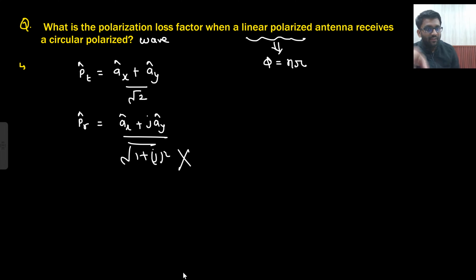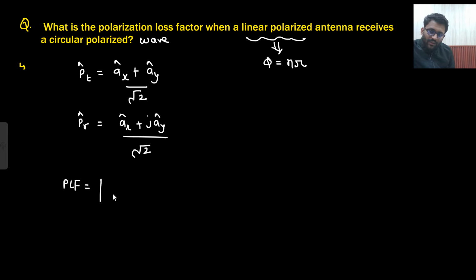So what will be the magnitude here? Under root 1 square plus 1 square, so the magnitude will be under root 2 only. This we have already seen in the time average pointing vector, so I am not doing the derivation here. AX cap plus j AY cap over under root 2, this I can take. So what will be my polarization loss factor?